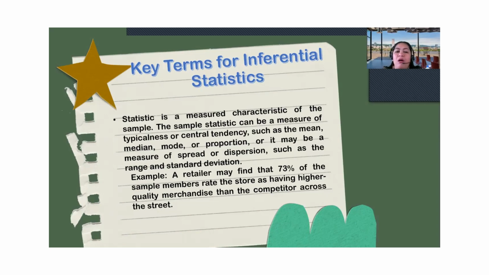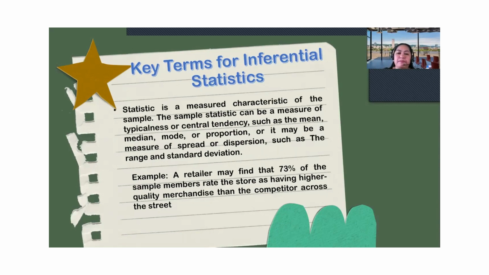These terms, the mean, median, mode, central tendency, the range, and standard deviation, are always used when we do statistics. For example, a retailer may find that 73% of the sample members rate the store as having higher quality merchandise than the competitor across the street.